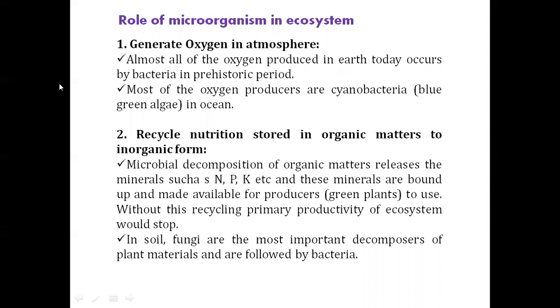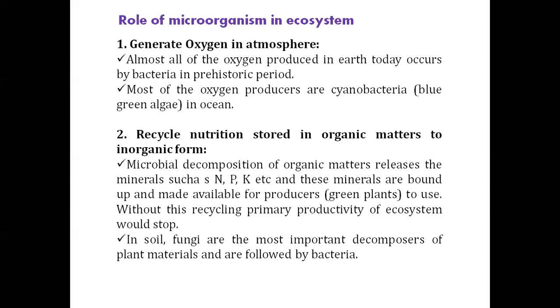First is generating oxygen in the atmosphere. Almost all of the oxygen produced on earth today occurs by bacteria, and in the prehistoric period as well. This is very important to know, because bacteria are the only microorganisms that can produce the maximum oxygen in the world.